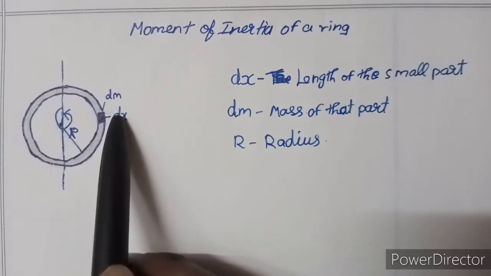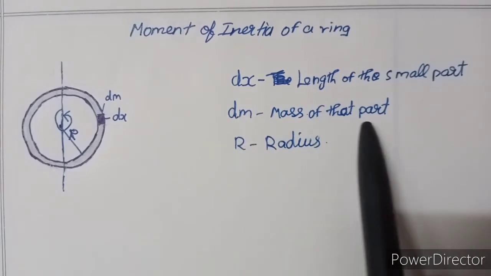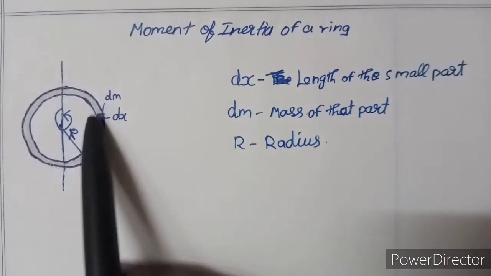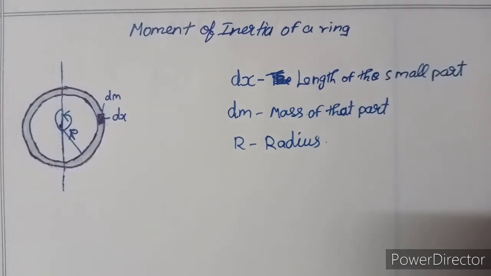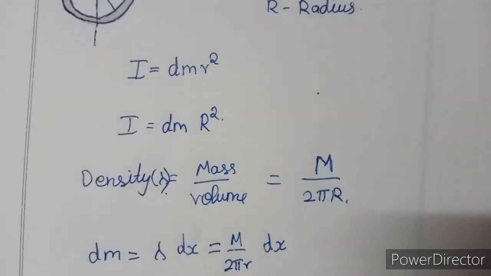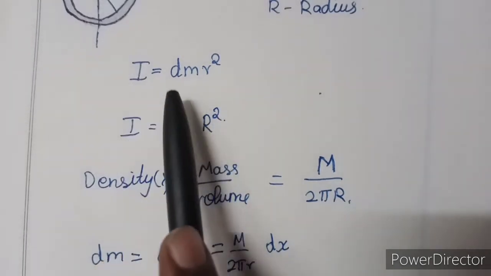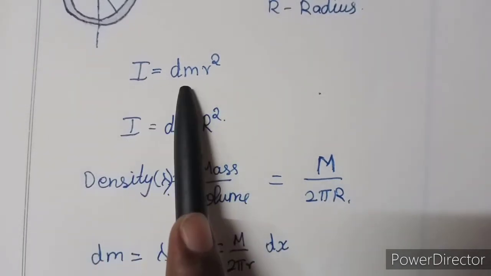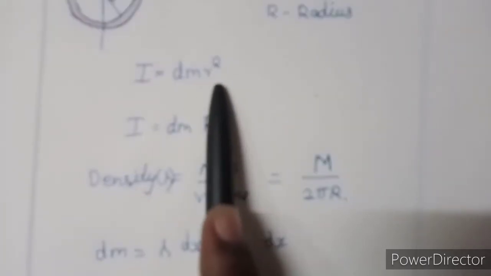So this length is taken as dx, and we can take dm as the mass of the small part, and r is the radius. Now, the inertia formula is dm r square, the mass of the object and its radius.